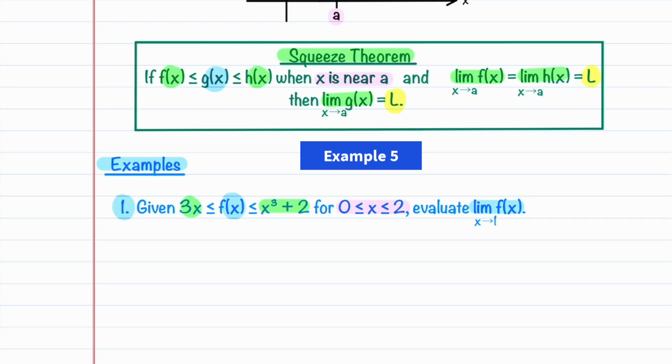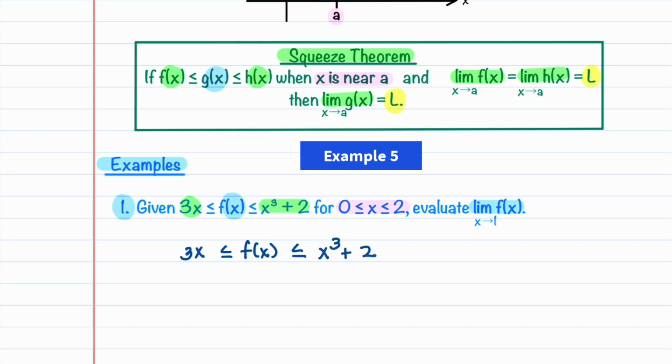I think the hardest part of doing these types of limits is to figure out where to start. I always tell students, let's start with what we are given. We are given this expression, 3x is less than or equal to f of x is less than or equal to x cubed plus 2. So that's a good place to start.